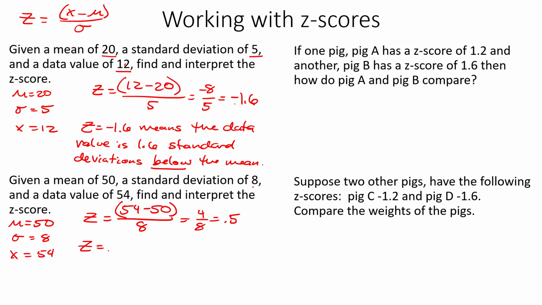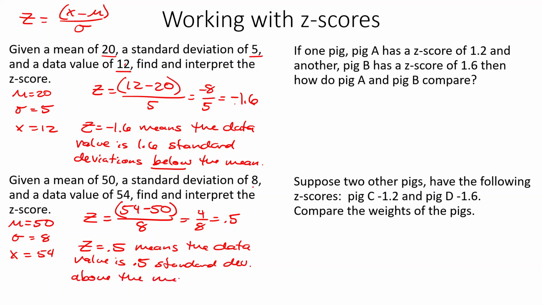So z equals 0.5 means the data value is 0.5 or a half of a standard deviation. And it's positive, so this would be above the mean.